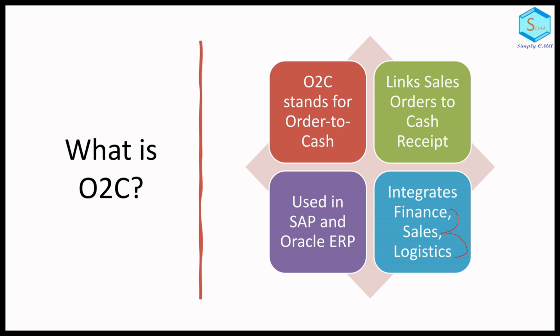That is, sales with inventory, inventory with shipping, shipping with billing, and billing with accounts. All these processes get integrated by the O2C process. This process is essential for maintaining liquidity, accurate revenue recognition, and ultimately customer satisfaction.